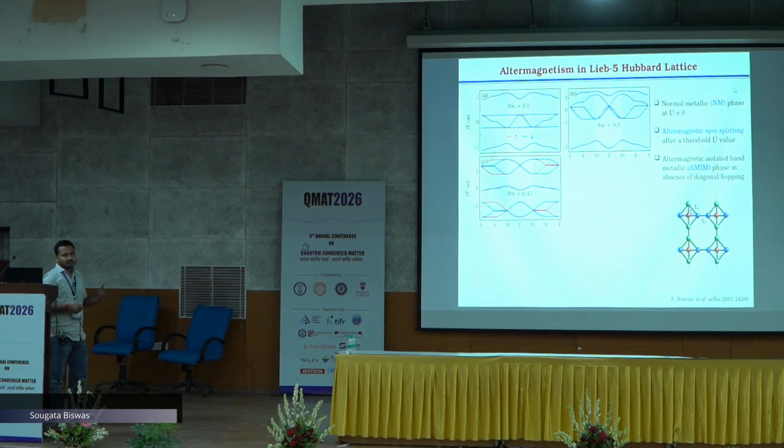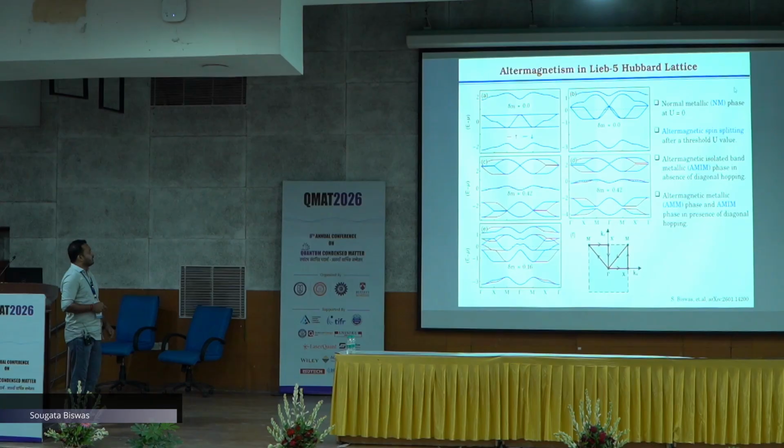The result is now more interesting. If we consider the diagonal hopping, it is observed that two types of altermagnetic phases can now appear. For higher U values, the AM-IM phase remains, but for lower U values, there is another type of altermagnetic phase where most bands overlap around the Fermi level.